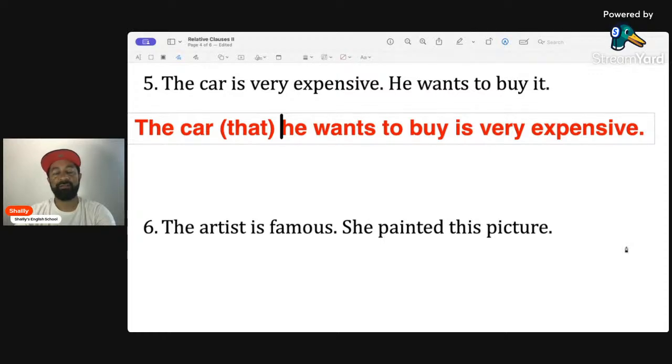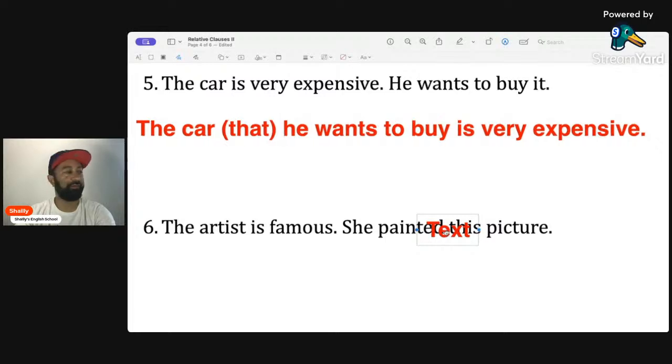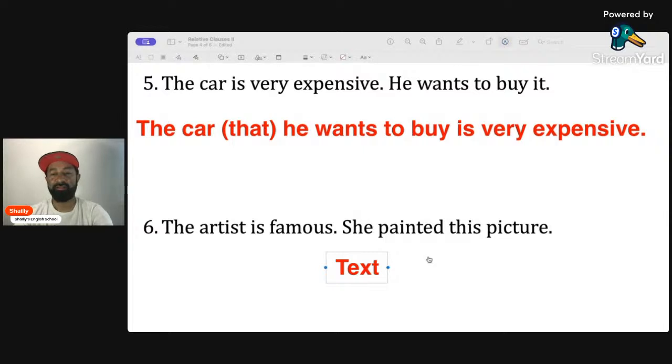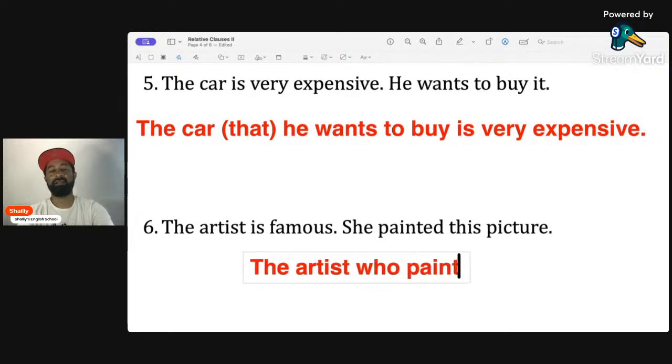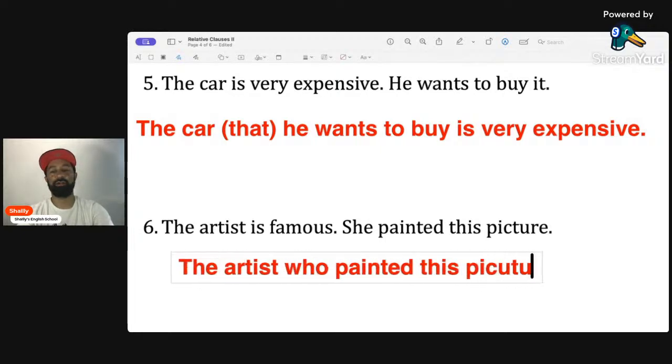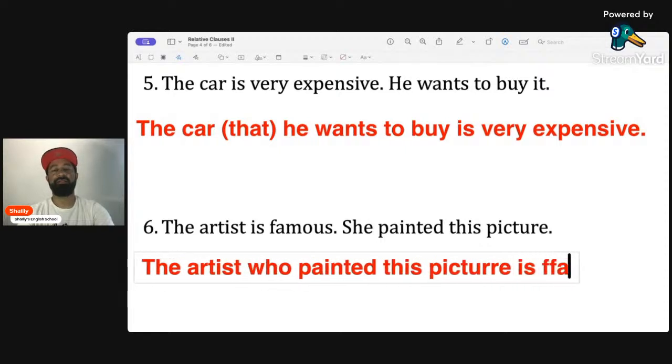So how do I join these two together? For me, my answer here is going to be the artist who painted this picture is famous.